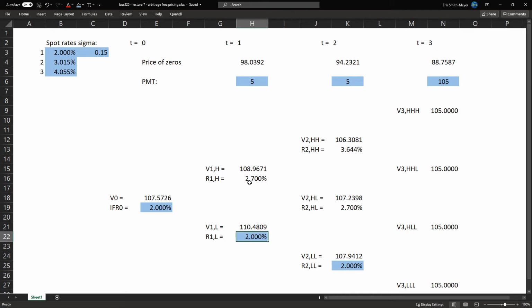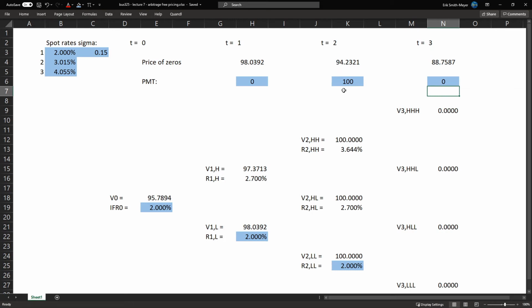Okay? So what we do is that we just imply a cash flow. We say that, well, we are going to price a bond with cash flow 100 at year 2 and 0 otherwise.